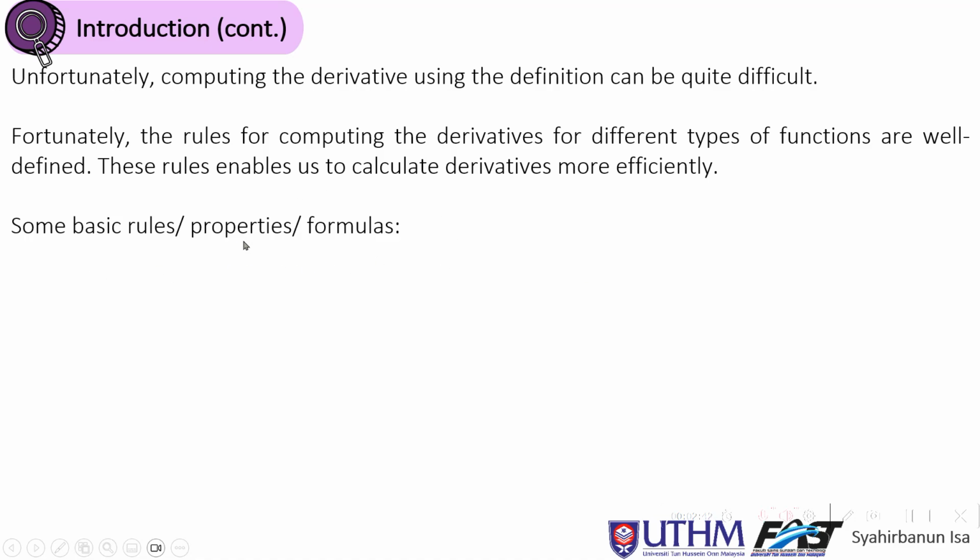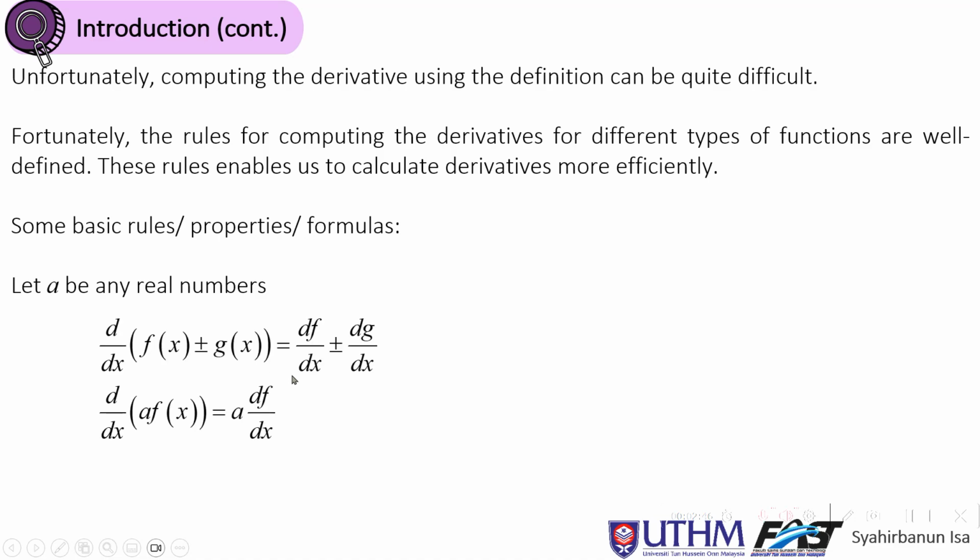Some basic rules or properties of formulas. Let a be any real number. If we add or subtract two functions, then to find the differentiation, this is equal to the differentiation of each function, then add or subtract.